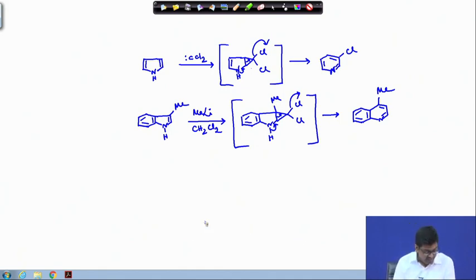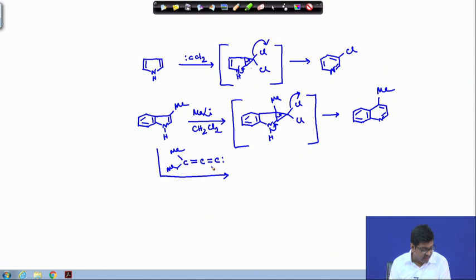Interestingly, if this particular substrate is treated with another carbene, allyl type of carbene, that is this one, this can be generated from 3-chloro 3-methyl 1-butene. From there we can generate this in presence of base.